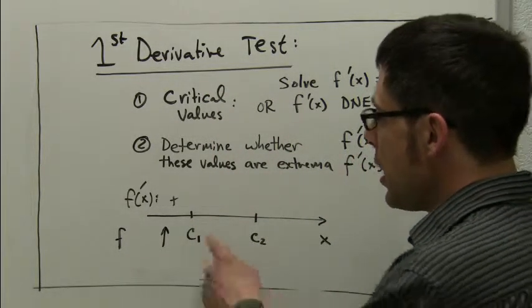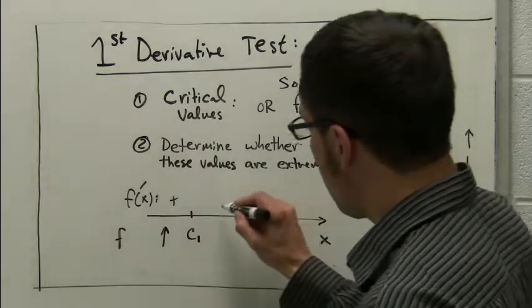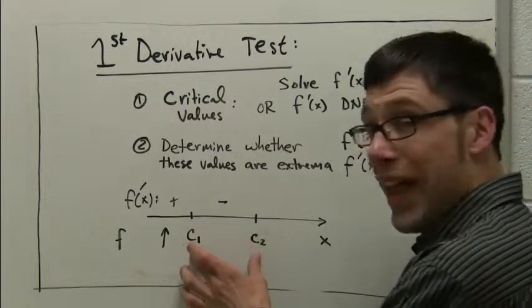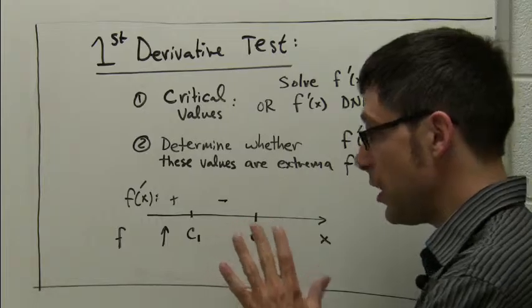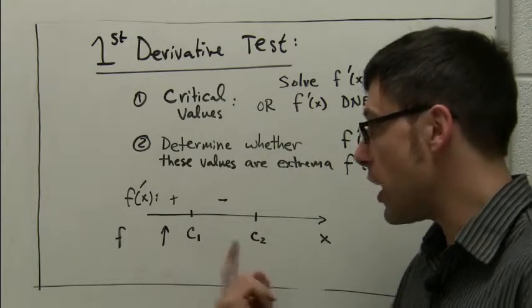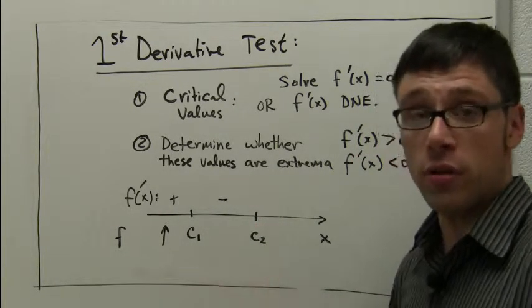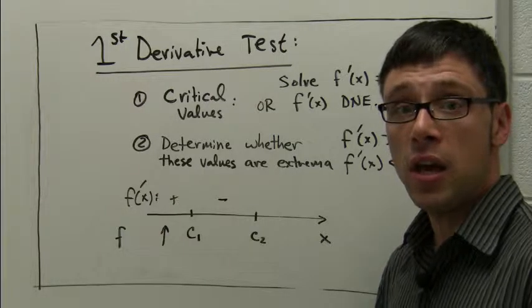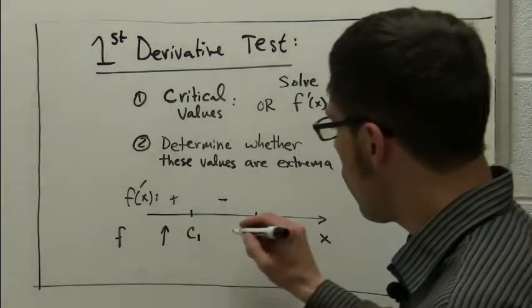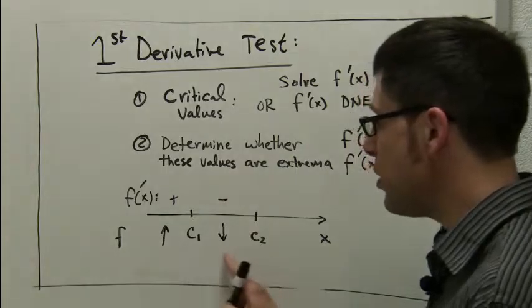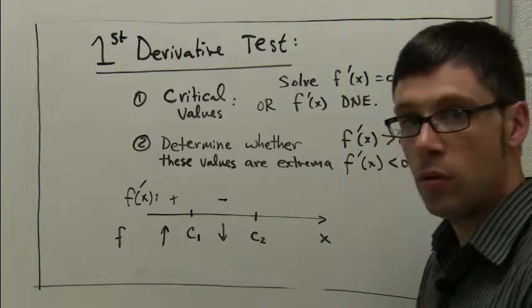If the sign of the derivative is negative for all x values between C1 and C2, and it'll behave the same way for all x values because these are critical values, that's a nice thing of the first derivative test. Then I know the function is decreasing for every single x value between C1 and C2.